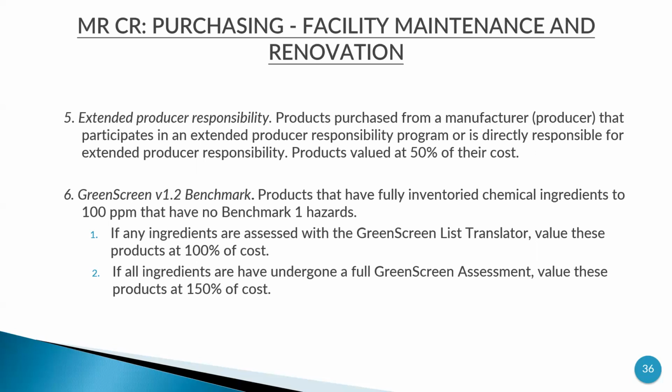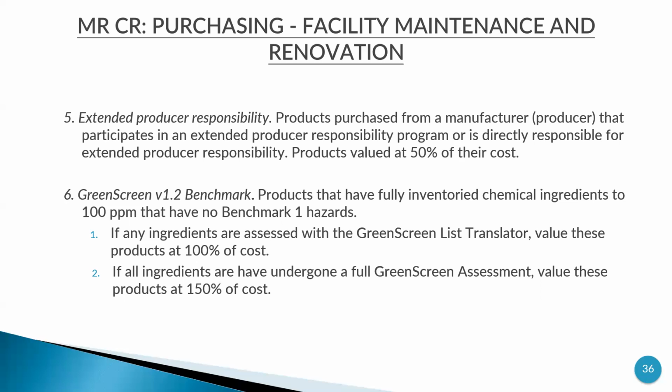And GreenScreen v1.2 benchmark. This is with respect to the chemical ingredients. Products that have been fully inventoried for chemical ingredients to 100 ppm that have no Benchmark 1 hazard. If any ingredients are assessed with the GreenScreen List Translator, means when there are chemicals, whatever chemicals you are using in your facility, like the cleaning of floors, cleaning of glass, anything, they must have a GreenScreen certificate. The certificate means this is safe for the environment to use this cleaning product or this raw material.